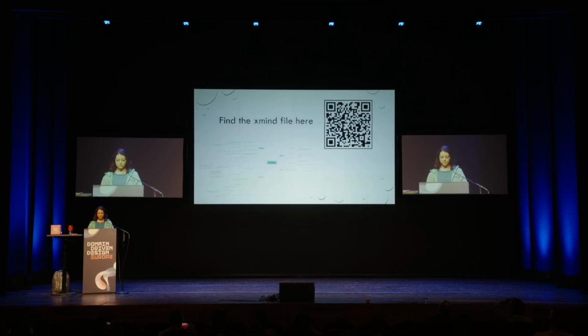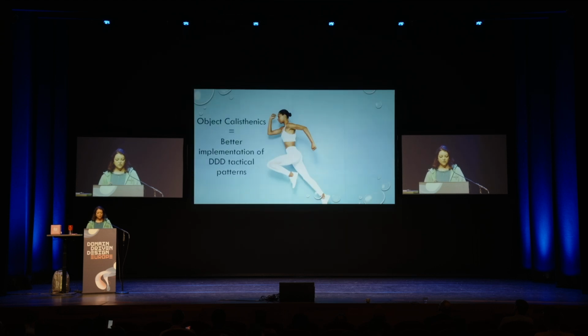If you want to find the file, I joined the link. You can consider that Object Calisthenics is a way to better implement your tactical patterns. So enjoy your calisthenics journey.